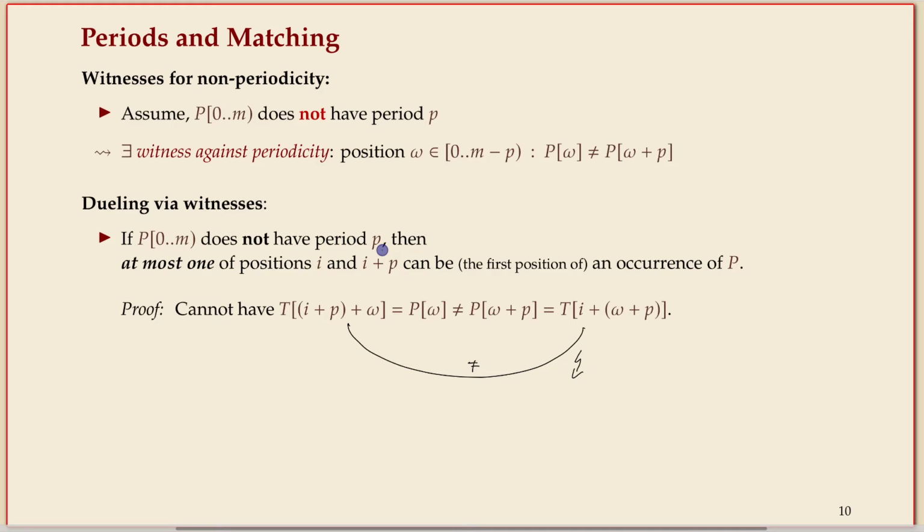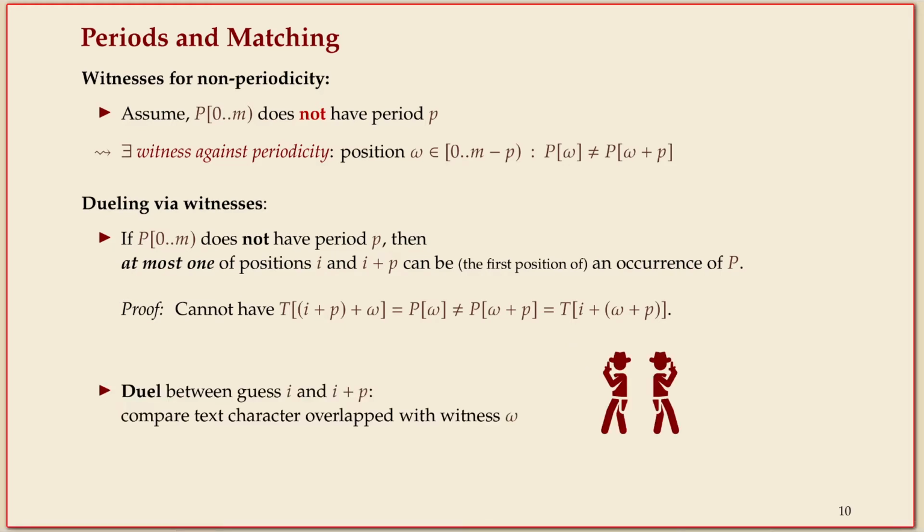Another simple observation, but again useful because now we can do something that's called a duel between those two positions. We can take those two positions and, by checking the position for the witness character against the text, I will either find a match with one or with the other characters.